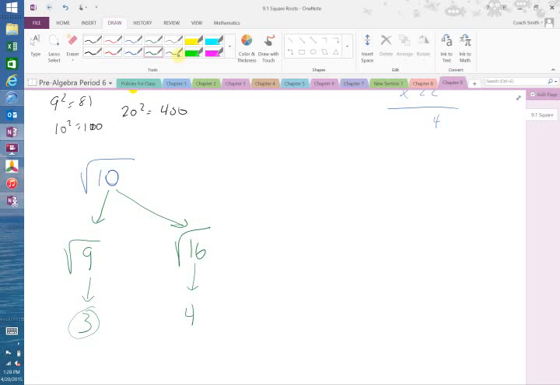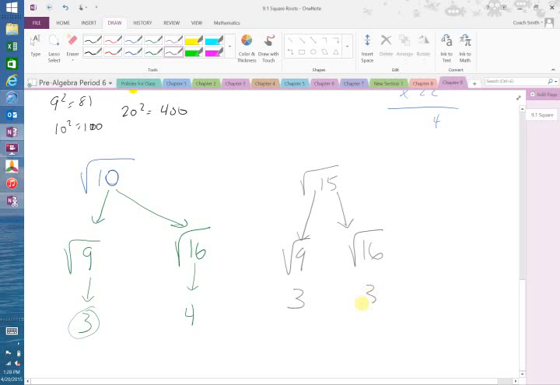Let's say they gave us the square root of 15. Well, it's still the same. The same 2 square roots is where this falls. It still falls between the square root of 9 and the square root of 16. So it still is an approximation of 3 and 4.